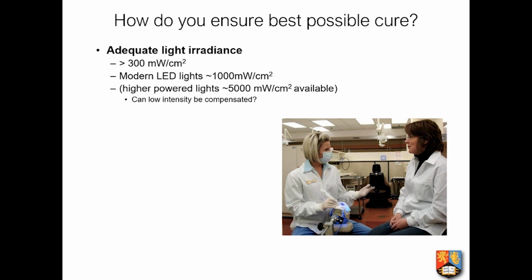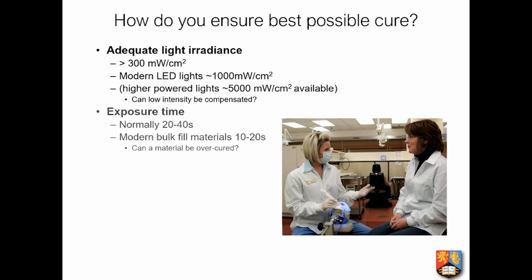If you think you have a light that is underperforming or has a lower power output, can you compensate? Well, yes you can, because exposure time is the most important aspect of effective polymerisation. There's a reciprocal relationship between irradiance and time.